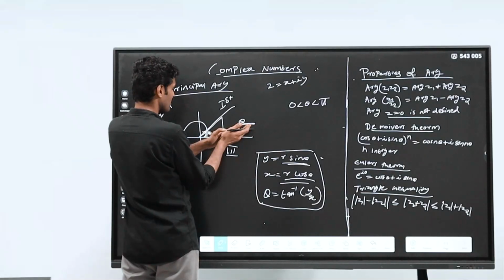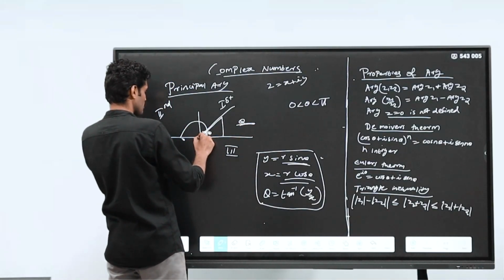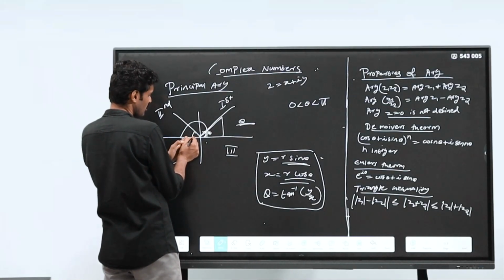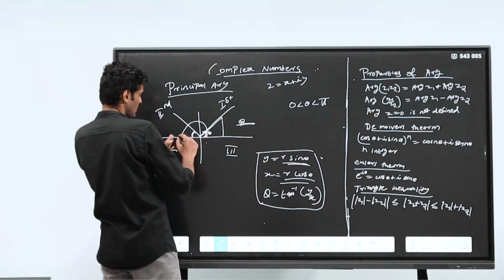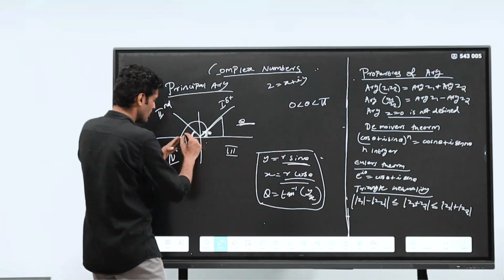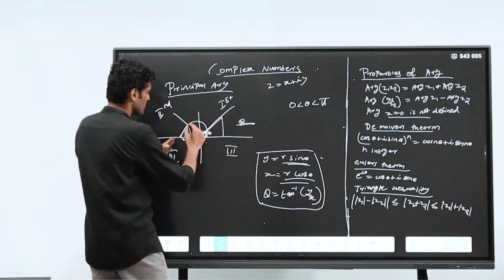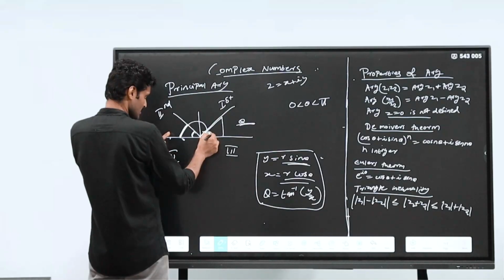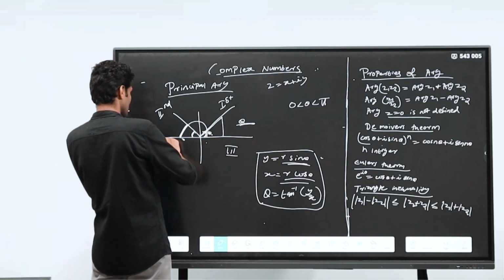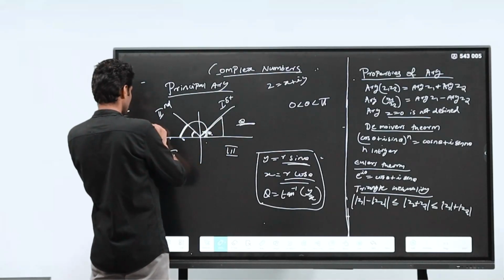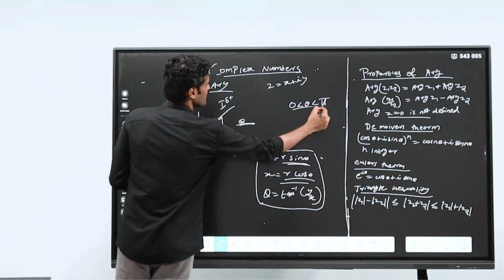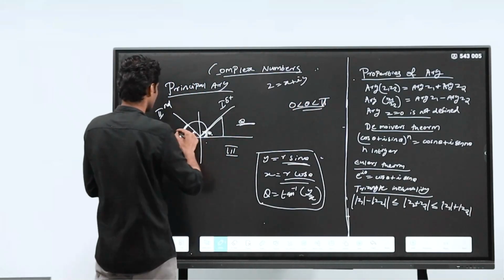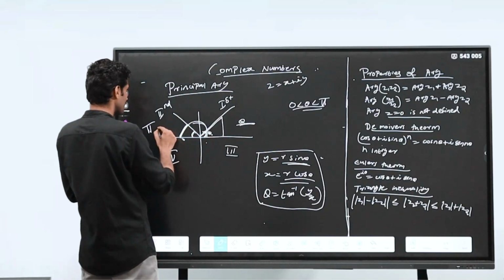So here it is theta, then of course another angle is generated here. What will be the angle? We need to find out this portion, this angle, or maybe this argument. The first argument is theta, then as we mentioned, the total angle of the argument will be pi, so that is pi minus theta.